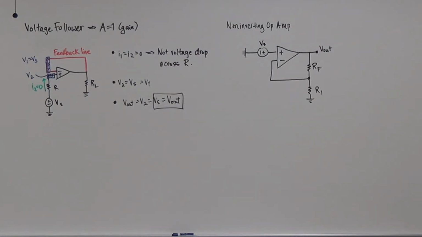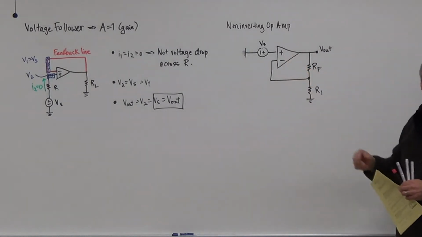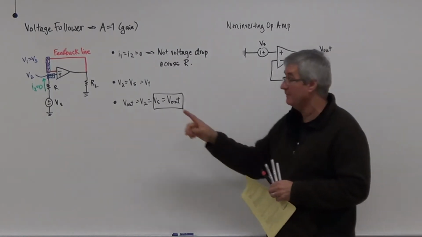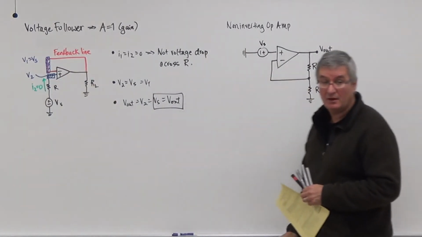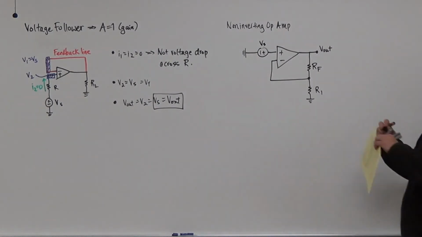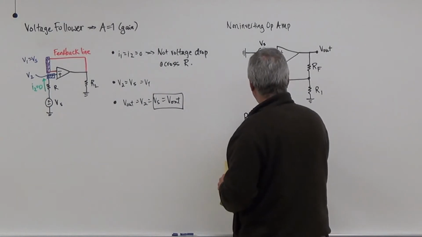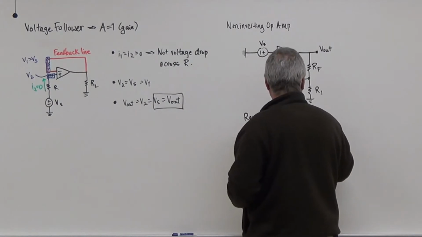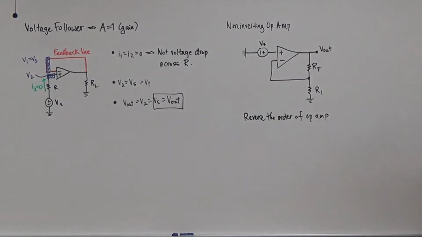The first thing to note is the polarity, positive and negative. I want to draw it with the positive down and the negative up. I don't have to do that, but it's more common. So I'm going to reverse the order of the op-amp.